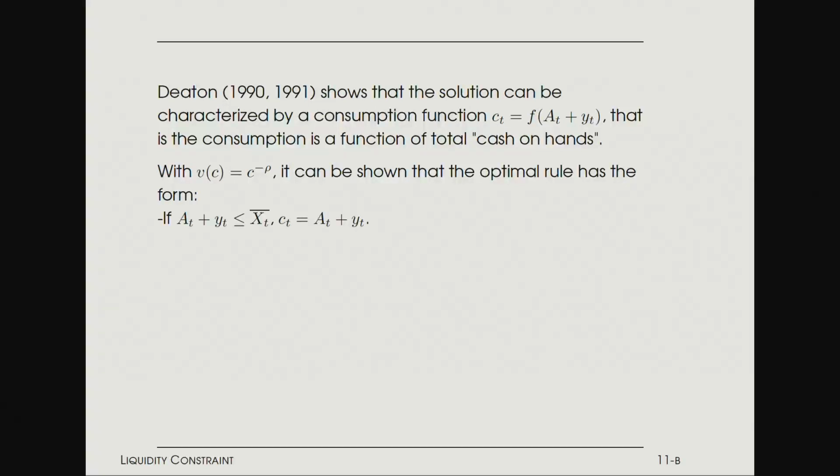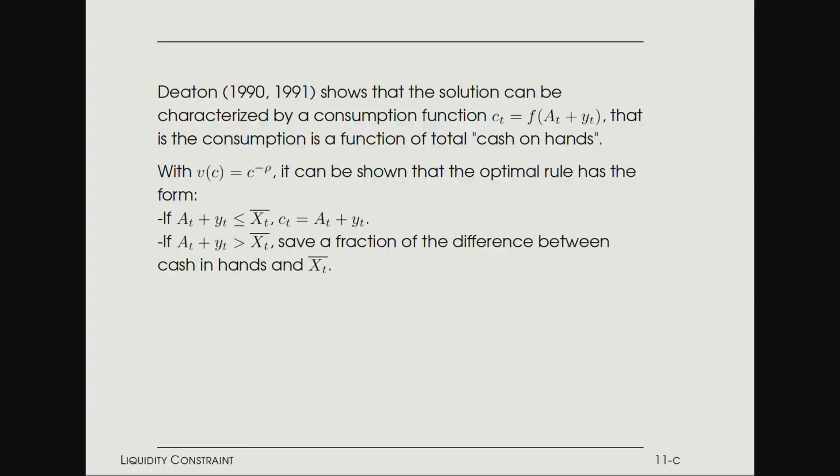It can be shown that it has the following form. If you have less than some threshold, you eat everything you have. If you have more than that threshold, you save a fraction of the difference between the cash you have in hand and that threshold.